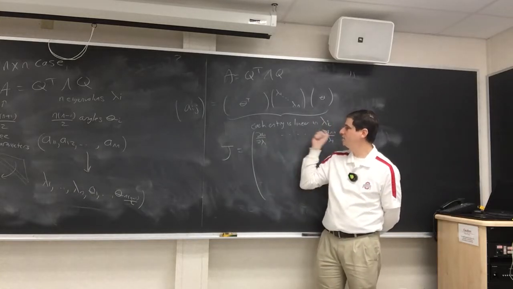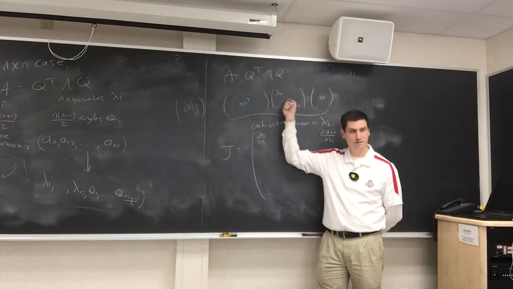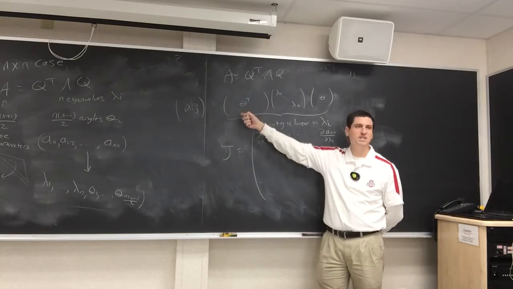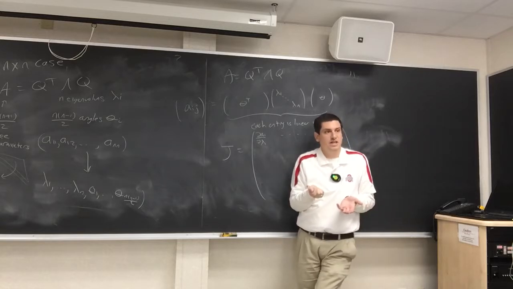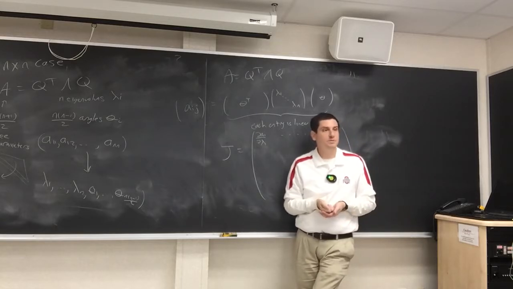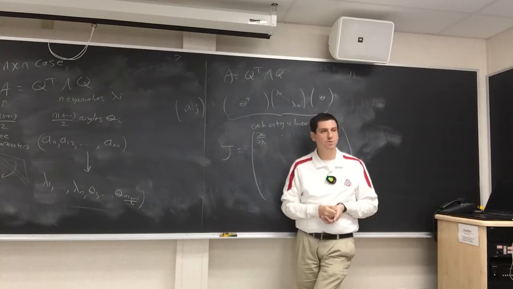Do any eigenvalues survive when I take the derivative with respect to lambda 1 in the first row? No, it's linear. Each matrix element is linear in the eigenvalues. So at worst, it has some constant times lambda 1. When I differentiate, there's no longer a lambda 1, and if there was a lambda 2, that's sent to 0.